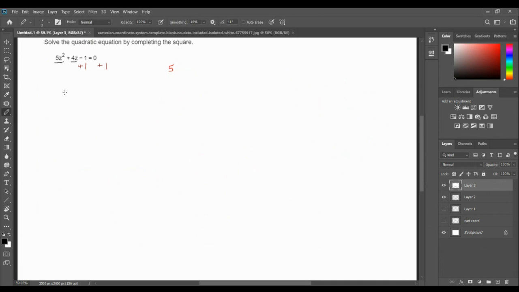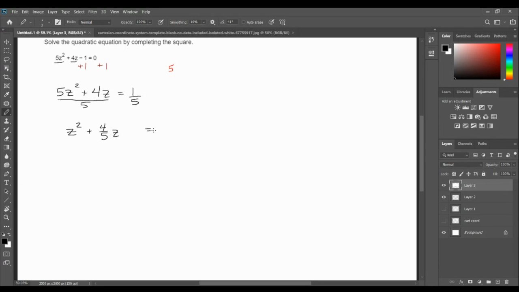All right. So one of the things we can do is we can take this after we add 1. I've got my 5z squared plus 4z equals 1. Now I'm going to divide everything by that leading coefficient. Just divide everything by 5. So with that first term, it just becomes z squared. The second term is now 4/5 z.